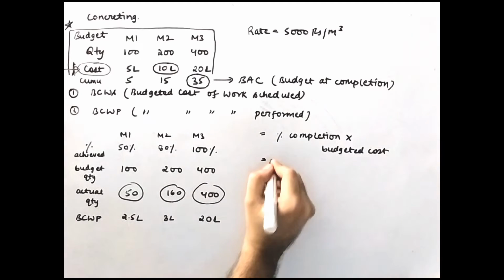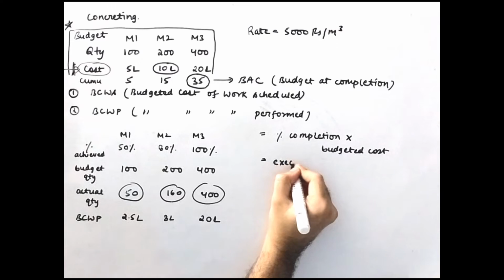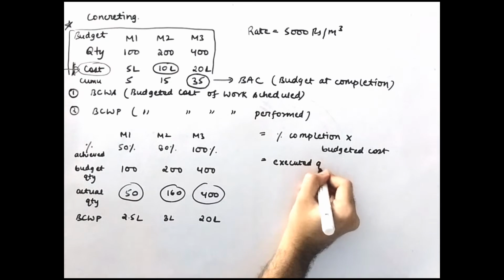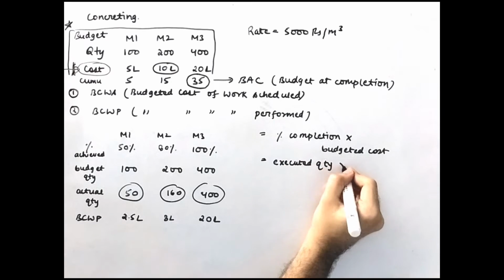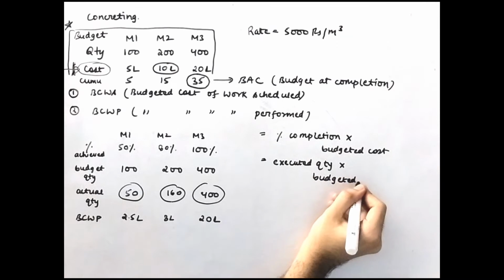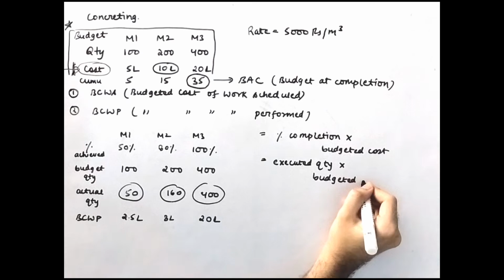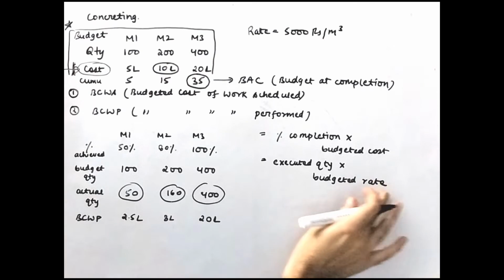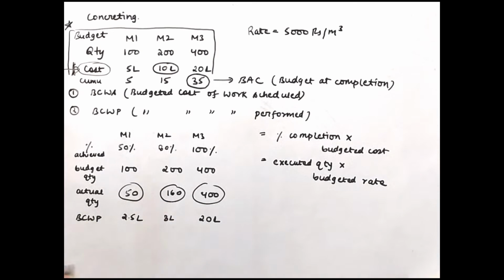One more formula you can write is executed quantity multiplied by budgeted rate. This formula is not very frequently used, but it will be used in case you are doing the earned value management or earned value method for an activity.